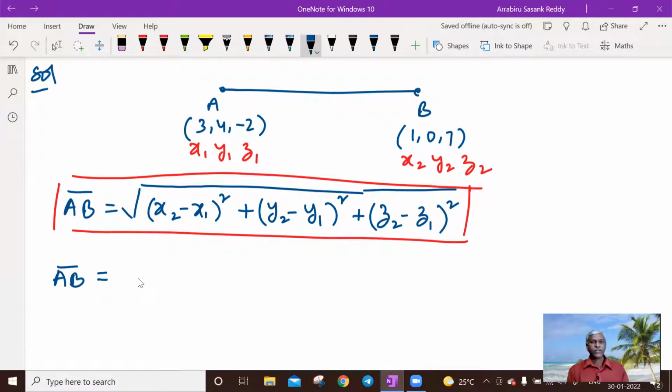x2 minus x1, 1 minus 3 or 3 minus 1, anyhow you are taking square, it doesn't make any difference.